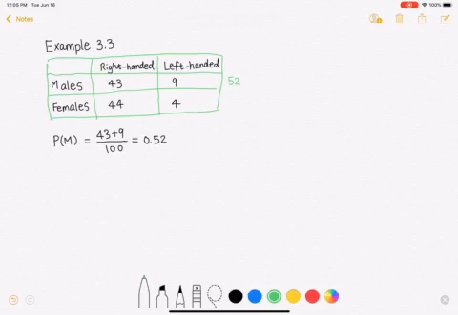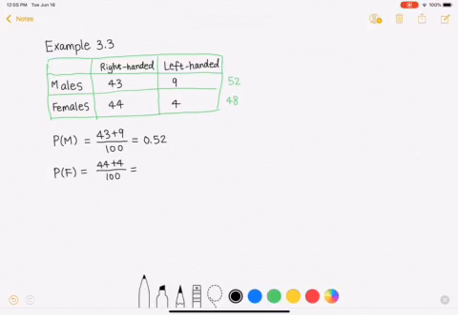And then you can also add up the female, right? That is 48 female. And these two numbers should add up to be 100. So now the next question is to find the probability of female out of this sample. Again, you do 44 plus 4 divided by 100.